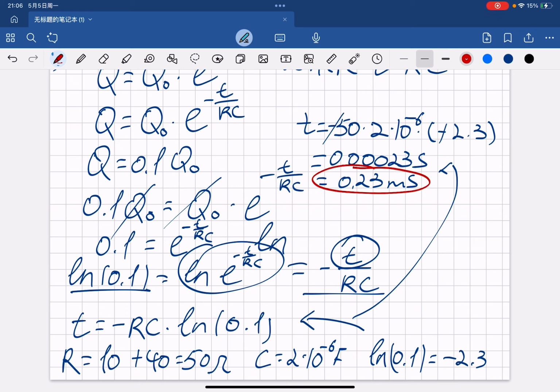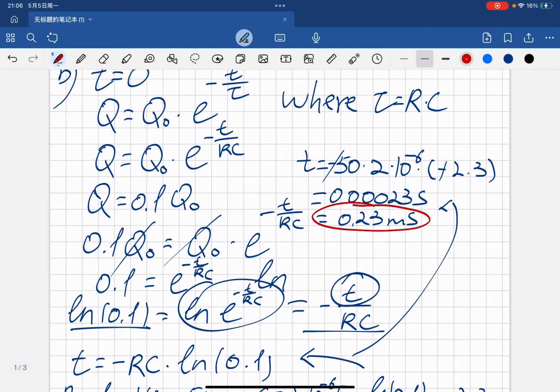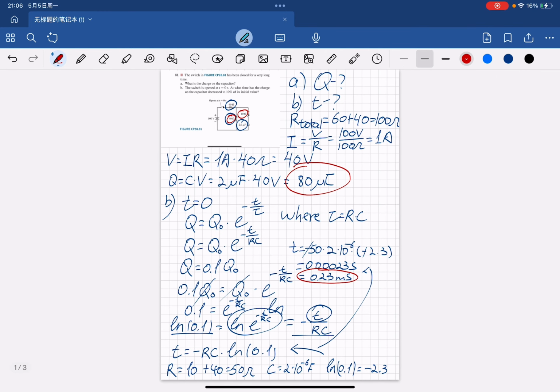And finally, let's summarize what we found. In part A, the capacitor was charged to 80 microcoulombs with a 40 volt potential difference.